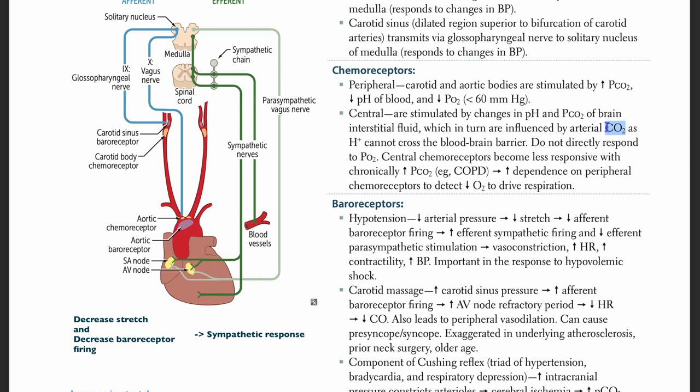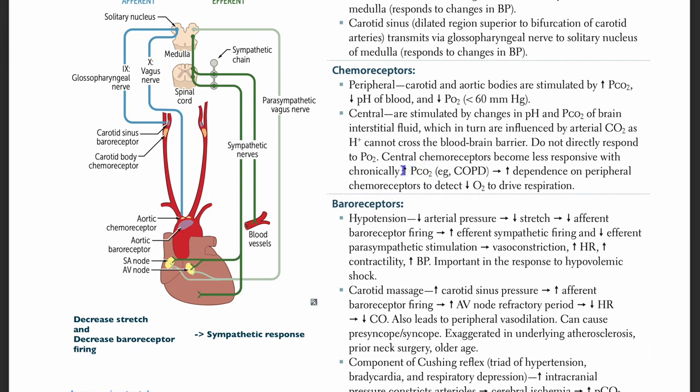right? Central chemoreceptors become less responsive with chronically increased PCO2. For example, COPD, right? So in this case, it's like, okay, the garbage pickup people are not coming, right? So at first you're gonna panic for a day or two, but then you're gonna get tired of panicking, and then you're just gonna relax and it's like, it's okay, whatever.